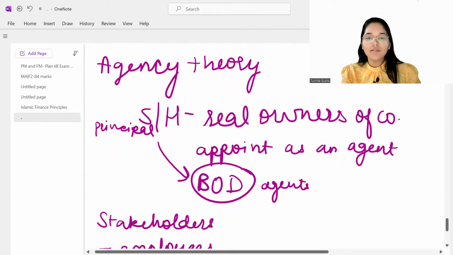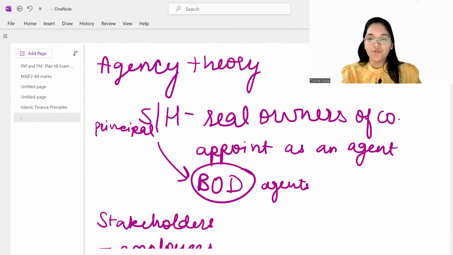Now there can also be a situation where the directors may try to keep their interests first, maybe try to maximize the amount of money they earn, maximize their salaries, maximize their bonuses. So there is a possibility that the directors begin to keep their own interests before the interests of the shareholders, which is not right, because ultimately shareholders are the people who have invested the money and they are the real owners of the company.